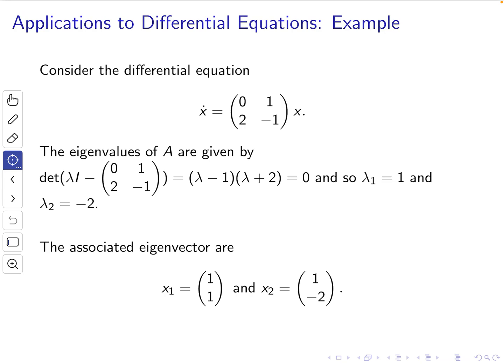All right, so let's do a little example. Consider the differential equation x dot equals Ax. The eigenvalues of A in this particular case are 1 and minus 2. So we have one eigenvalue that's in the right half plane and one that's in the left half plane. And the associated eigenvectors are (1, 1) and (1, minus 2). So what do solutions look like?